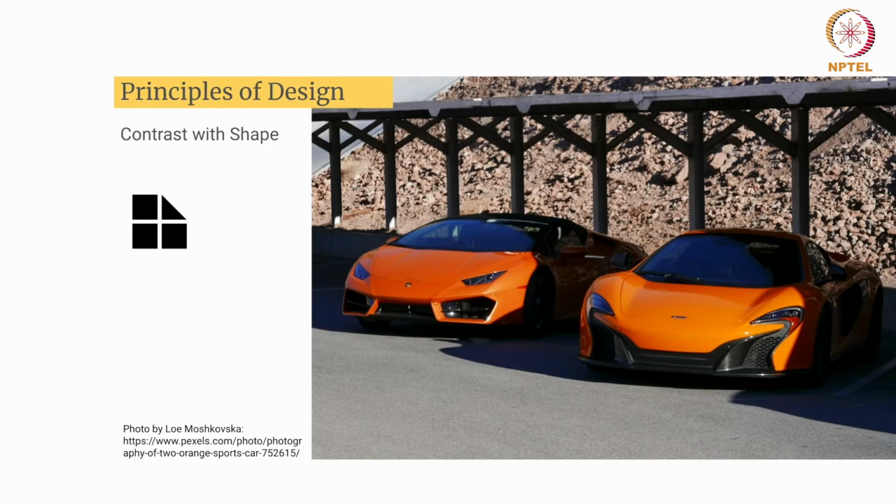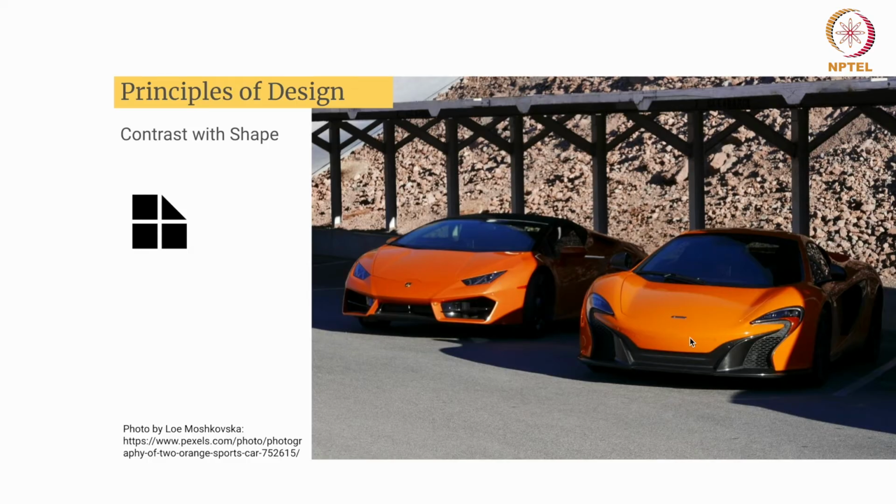Yeah, so again, these are two supercars, right? And one is from Lamborghini. This is another car manufacturing brand. The other is from McLaren. So both the car colors seem to be similar, even to a point that their overall stance seems to be similar. But again, because of contrast in shape, you can easily distinguish that these two brands are not from the same manufacturers, right?